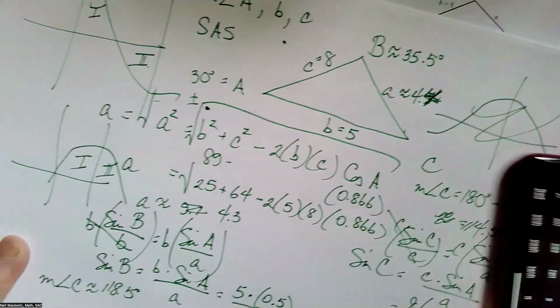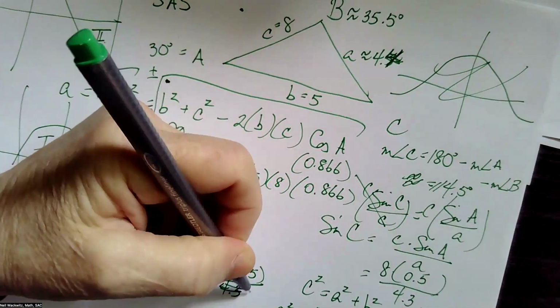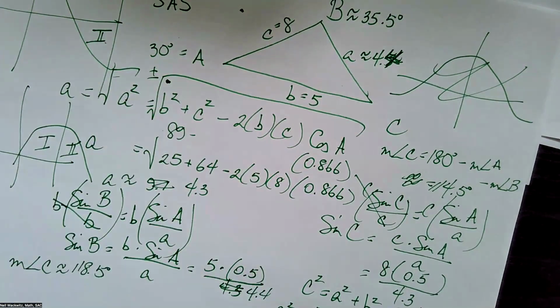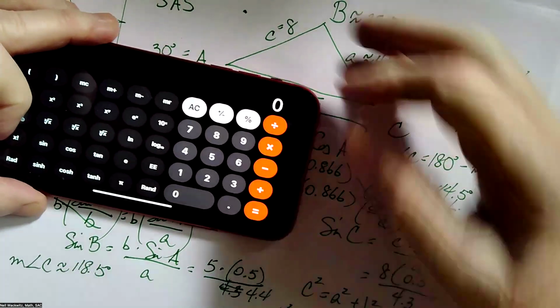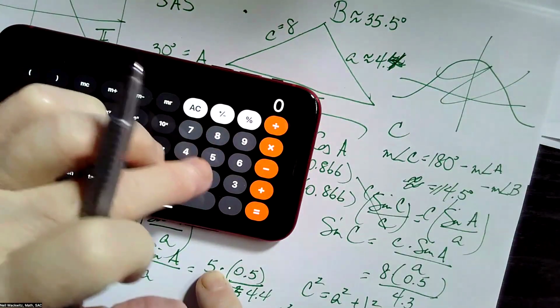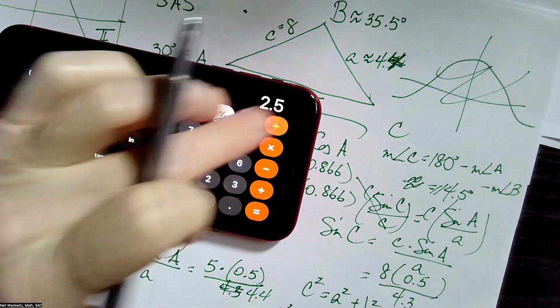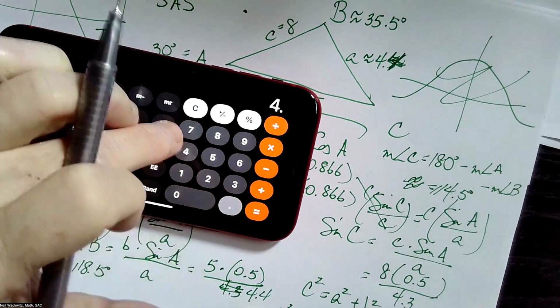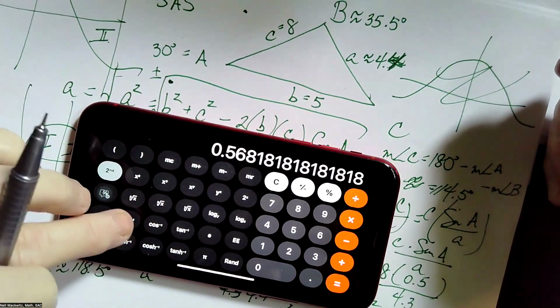for side A, we'll get that the sine of angle B is 5 times 0.5 divided by 4.4, inverse sine.